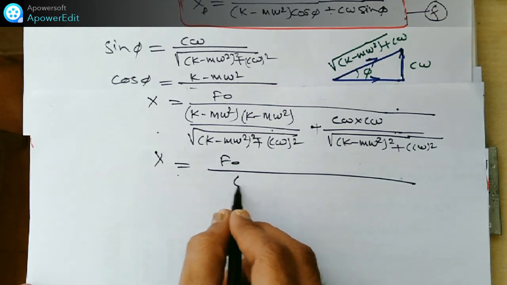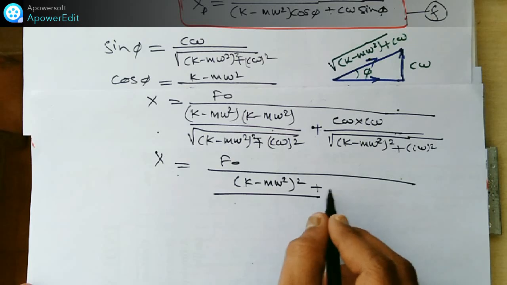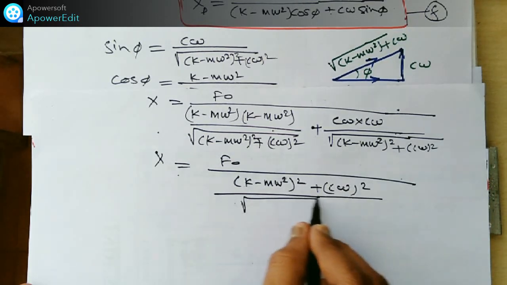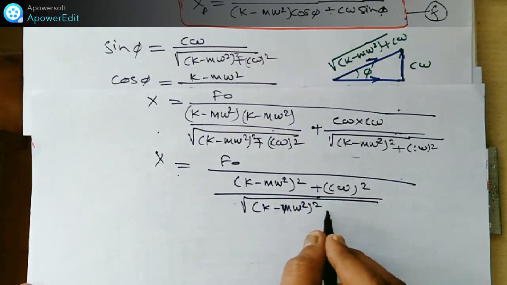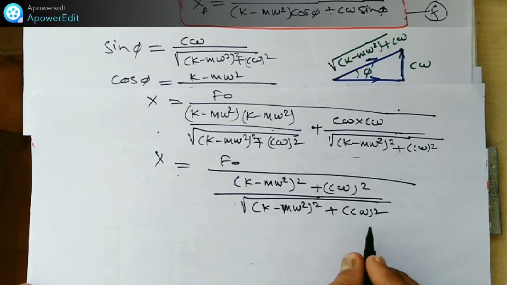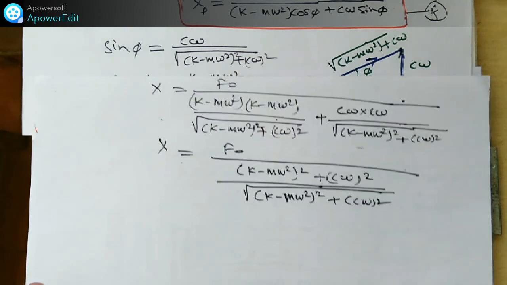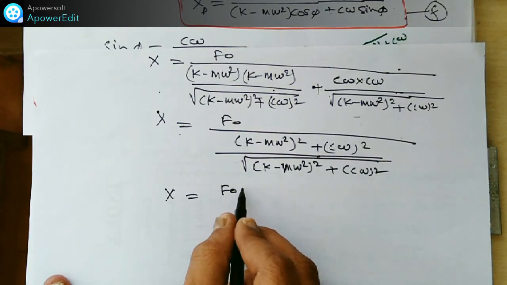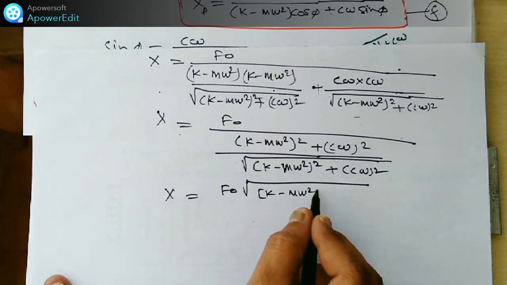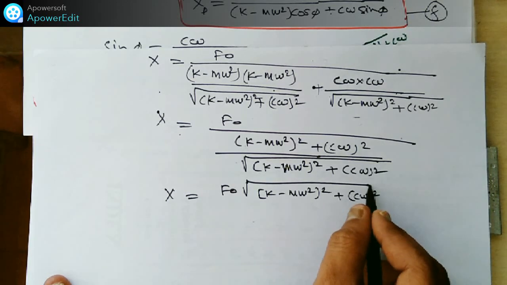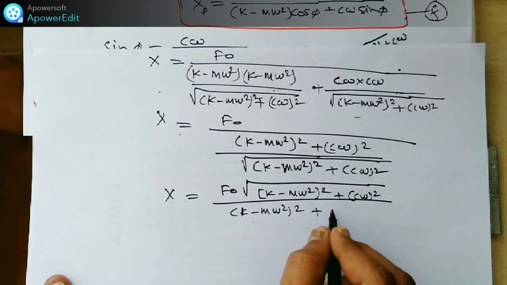Two terms are common, so we write them directly. Resolving further, x is equal to F0 into the square root going upside, that is (k minus m omega square) plus (c omega) bracket square upon this term, k minus m omega square plus c omega square.